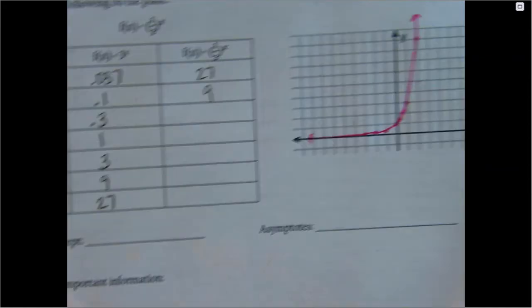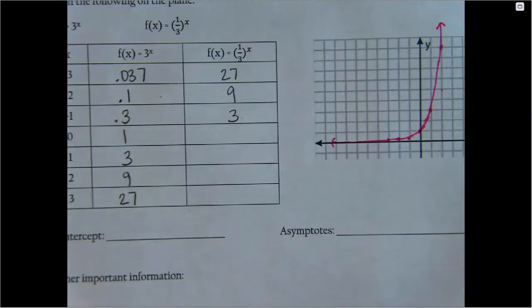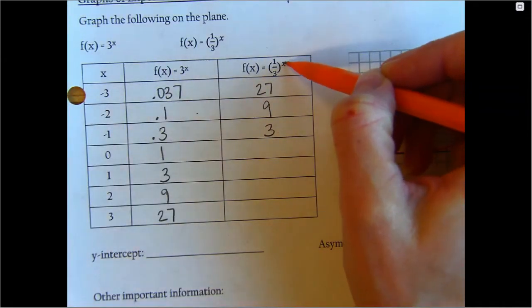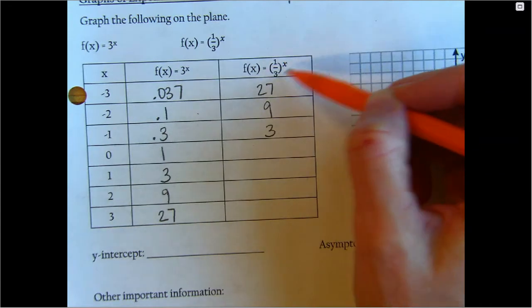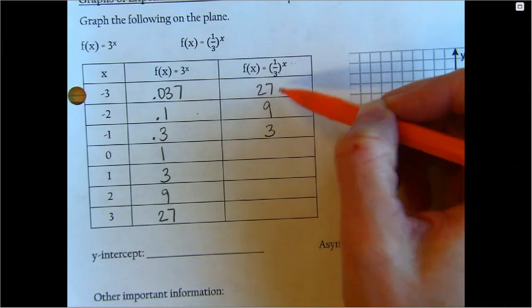Well, that looks like it's just the opposite of what I'm doing here. 1/3 to the -1st is 3. Well, that is what's happening. Again, if you think about why that is, because a negative exponent creates a positive reciprocal. So 1/3 to the -3rd is the same as 3 to the positive third.